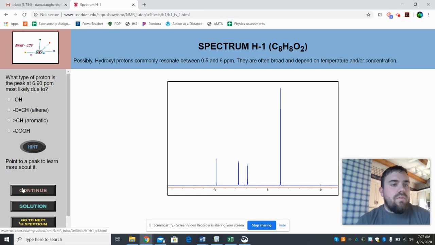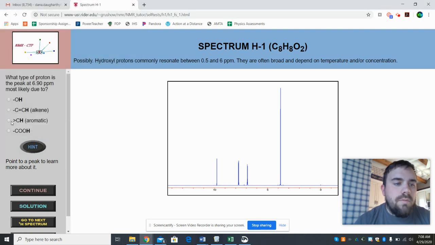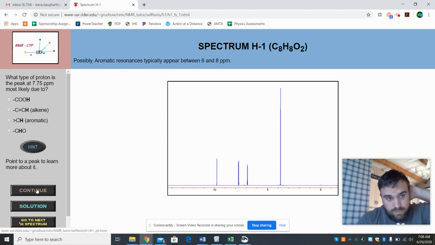Then it says what type of proton is present at 6.9. Again, you can pull that up. 6.9 would be right around in here. Oh, wait, there's the aromatic. So probably an aromatic compound. It says possibly. Then we go to the next one, 7.75, same thing.